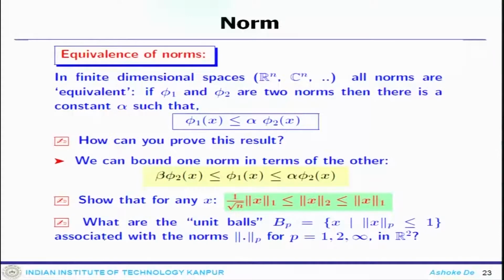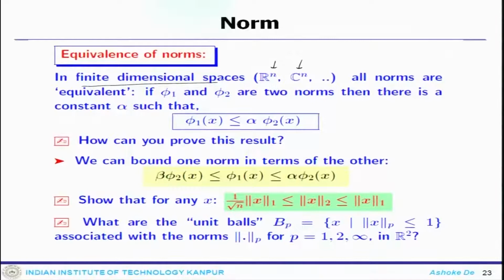Now one can find the equivalence of norms. How would one do that? In a finite dimensional space, let us say Rn or Cn, all these are finite dimensional spaces, and all norms are equivalent.